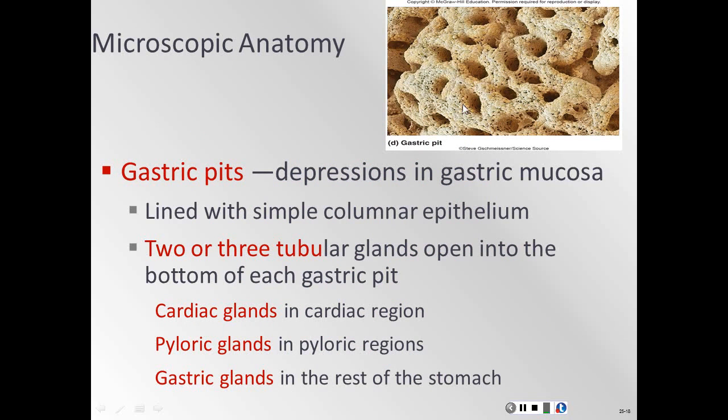You should see it a little better over here, which is nice. I like this diagram that I provided for you. We see the deep pits in there, and they're different within each region. The glands at the distal end of the pits are the cardiac gland, the pyloric gland, and the gastric gland, and it all depends on what region they are located in.